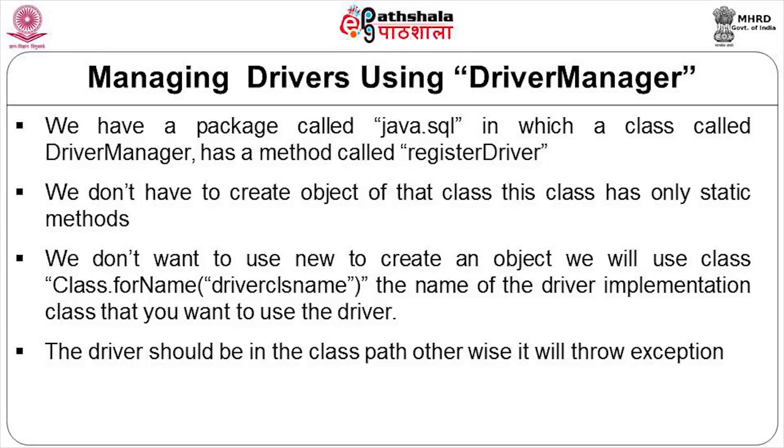Now, what happens when we say Class.forName? When we load any class, we know the static block would be executed. Whatever is in the static block of that class would be executed. As part of all these driver implementations, all of them have followed the practice that whenever someone loads that class, in the static block they create the object of that driver class and register it with the DriverManager.